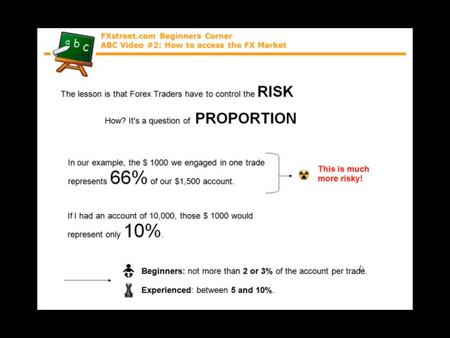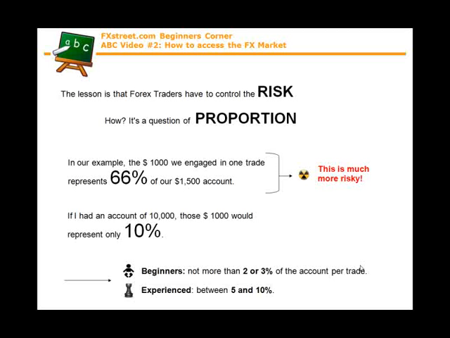With a larger account, however, let's say it's a total account of $10,000, those 1,000 we have at risk represent only the 10% of the account, being then much less risky, right? With the same amount of money, but related to my account total, the proportion of money that I put and the risk is much less.